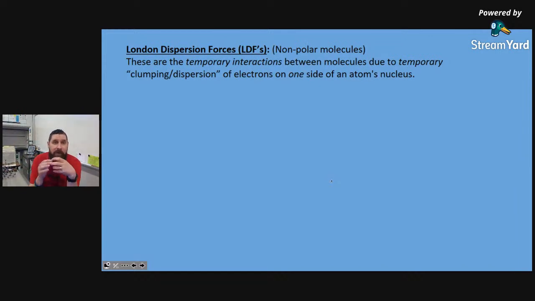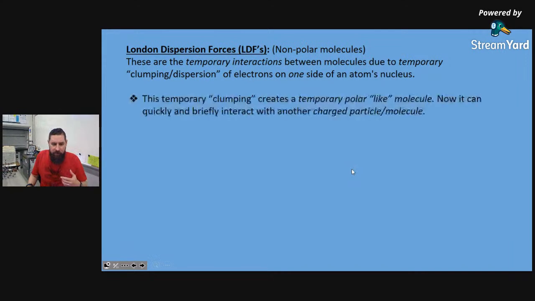And it produces, again, a temporary clumping or dispersion of electrons. I get that negative polarity on one side of the molecule, positive polarity on the other, and that induces the next molecule over to do the same thing, just like an induced dipole. Difference is London dispersion forces are very, very short-lived, and they're very, very weak attractive forces. Okay?